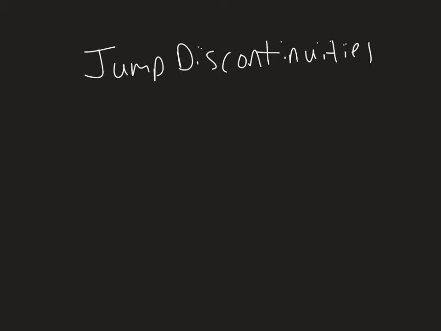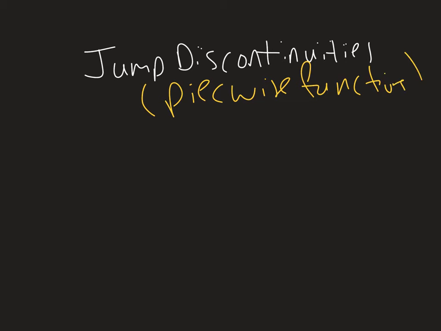A lesser common discontinuity is a jump discontinuity. These result strictly from piecewise functions, so we're not going to spend a whole lot of time on them. However, it is useful to be aware of it.